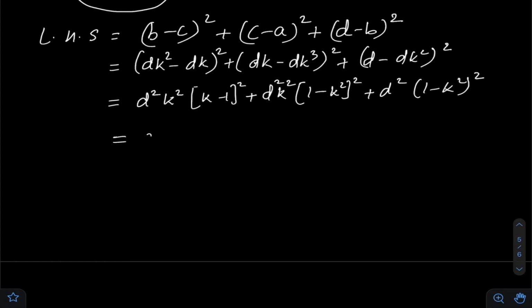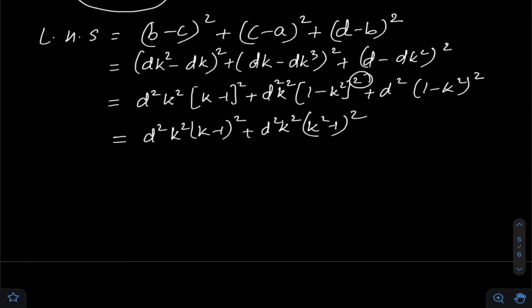And you can see it is coming d square k square (k minus 1) whole square, and plus d square k square, or since it is square you can write (k square minus 1) whole square. Here also d square, since it is square, so you can take (k square minus 1) whole square.